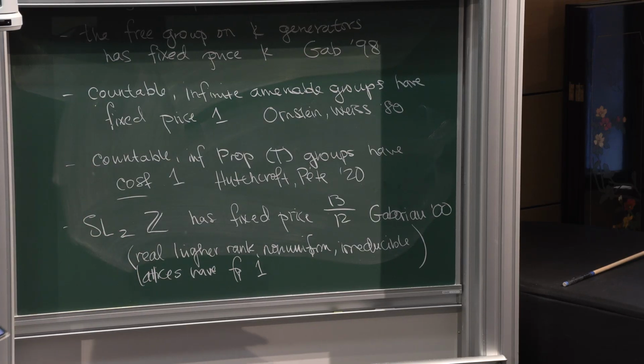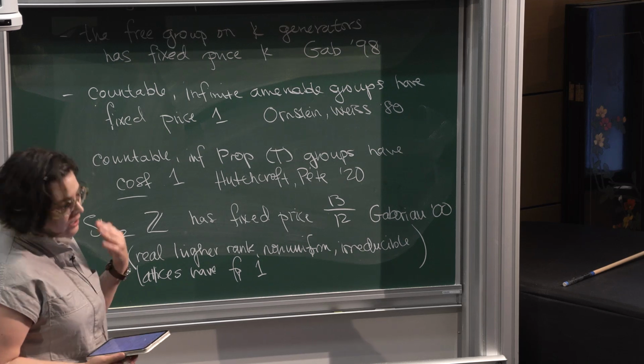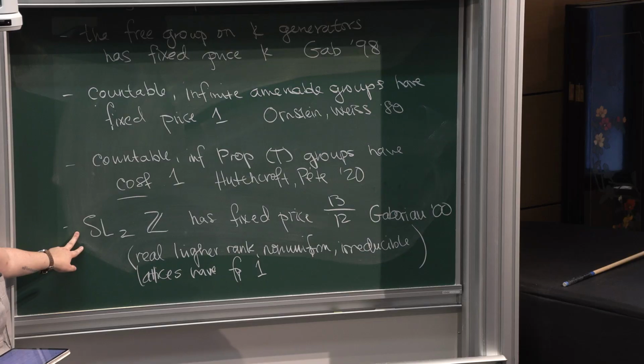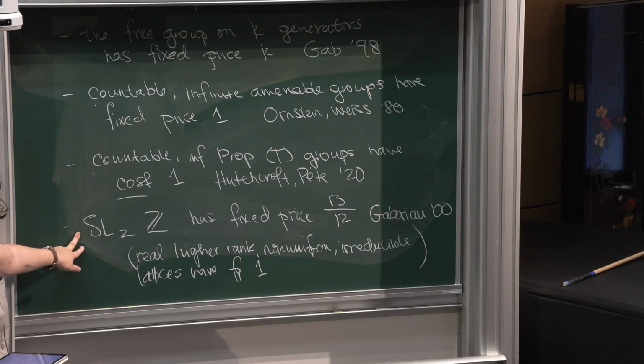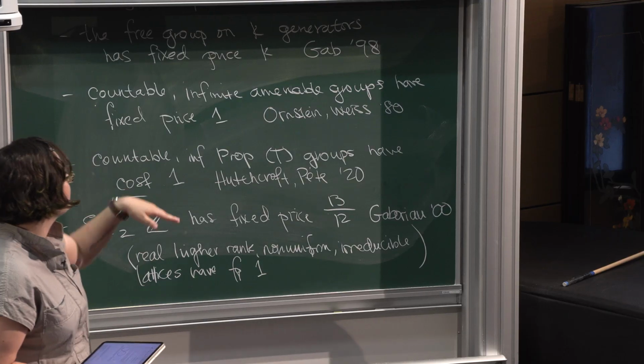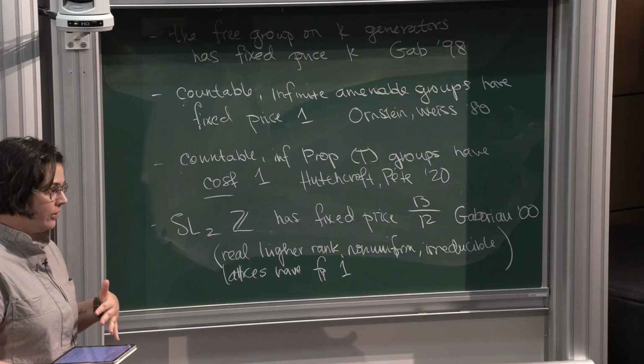He thinks of it as an amalgamation of free groups. He calculated the cost for free groups, and then you can calculate the cost for an amalgamation.